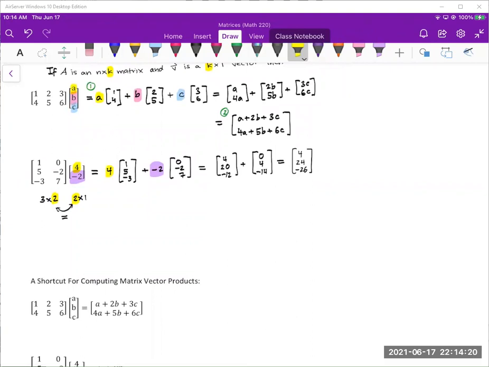And I'd like you to notice what happens to compute this first entry, the entry that's in row 1.